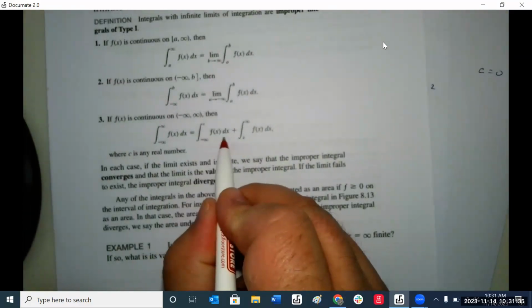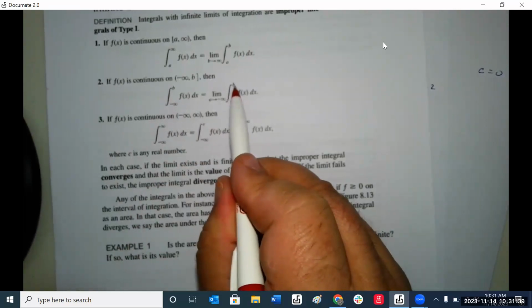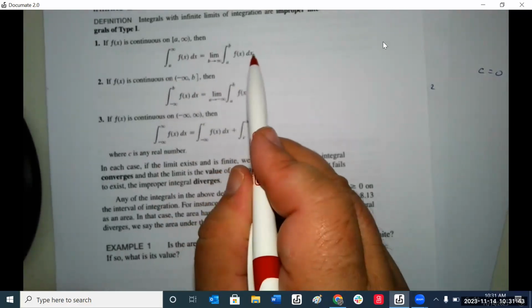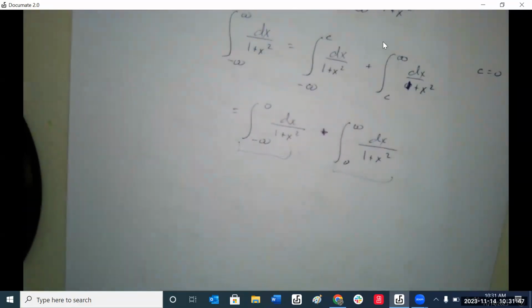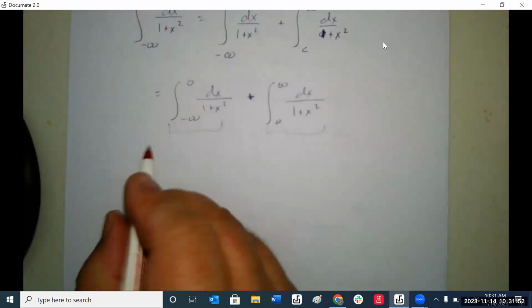This first part will be done this way, from A to B, and then this part will also be from A to B. So use our properties.